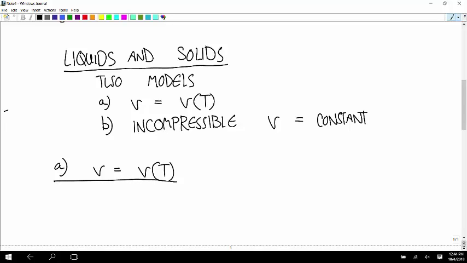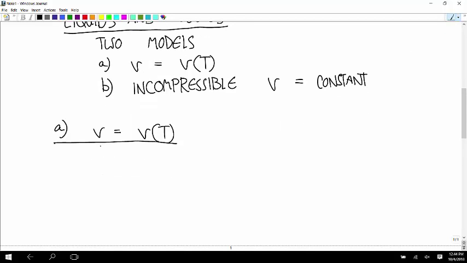We're also going to assume that specific internal energy changes. So I'm going to list this again and just put them all in a list. Specific volume is a function of temperature. Specific internal energy is a function of temperature.